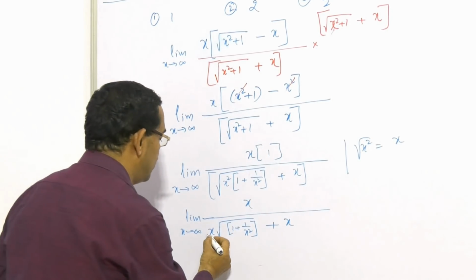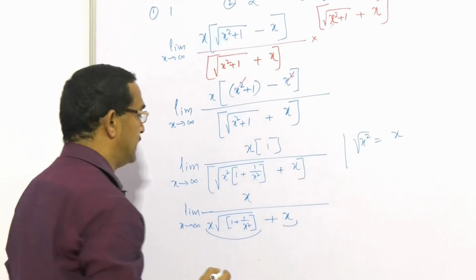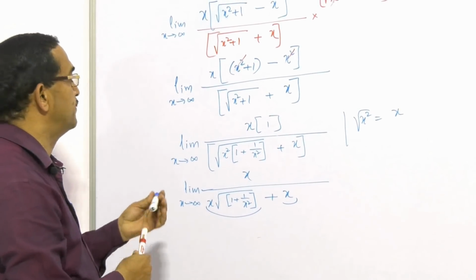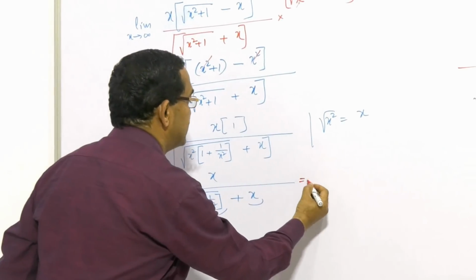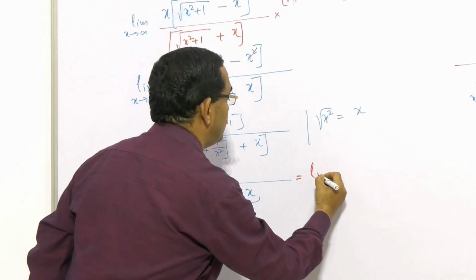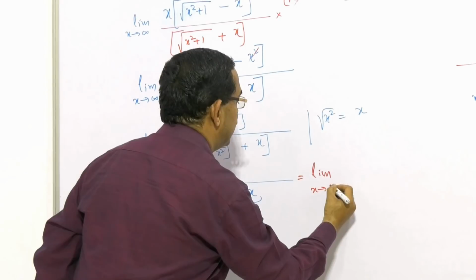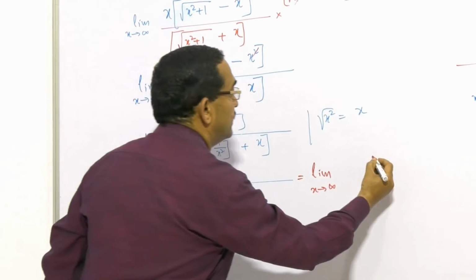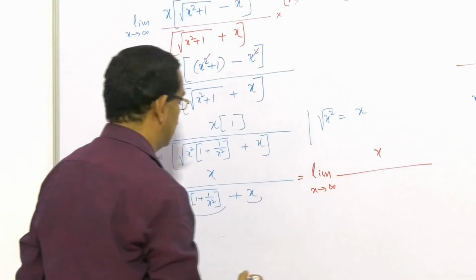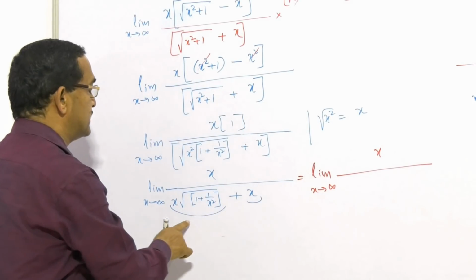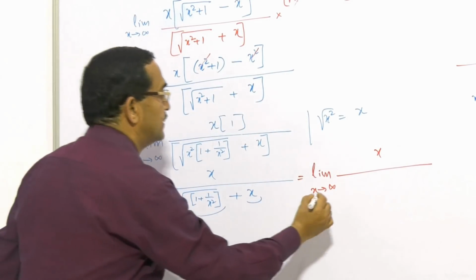Now see here, from these two terms, what is the common term we are having? I am going to write this here: limit x tends to infinity, x over, and the common term from these two is x.